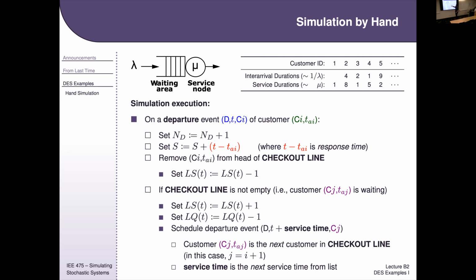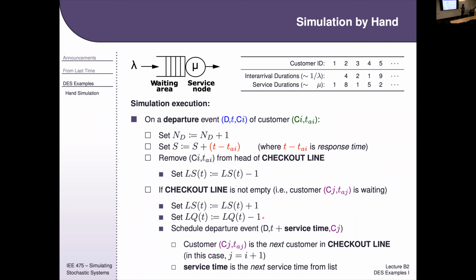Even though we've just decreased the number in service, we then re-increase it. You could of course skip this step if you can see what's going on here, but this is the general thing that a computer might do. So now there was one fewer in service, now there's one more in service because we took one out of the checkout line, and now there's one fewer waiting.